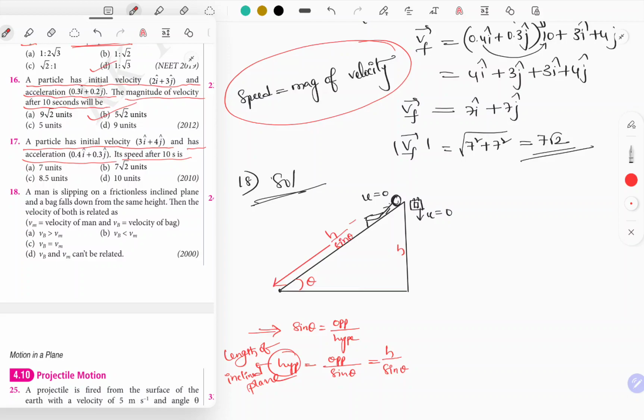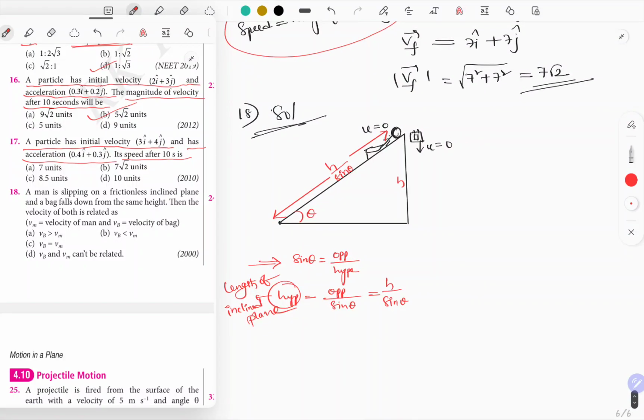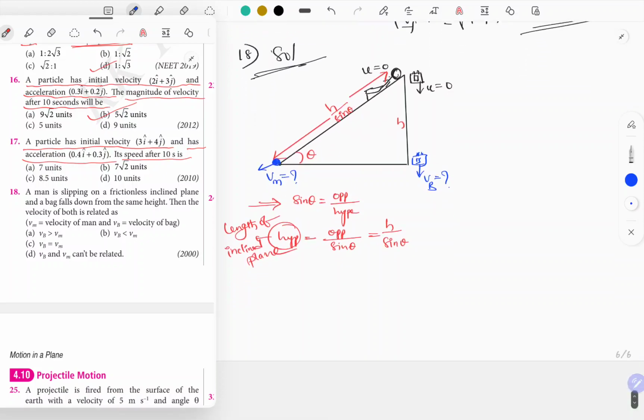This is my imagination. I have to prove whether the velocity is the same or different: the velocity of the man when he reaches the bottom, V of man, and similarly the velocity of the bag with which it hits the ground. Let me find out both of them.